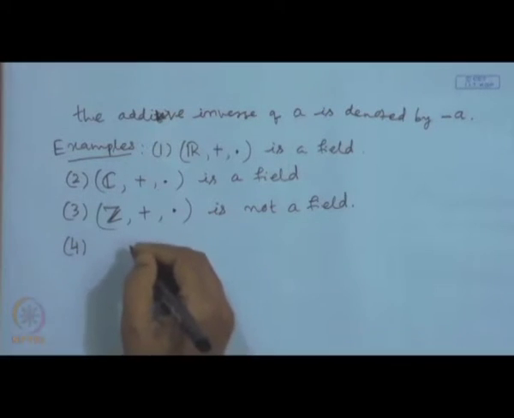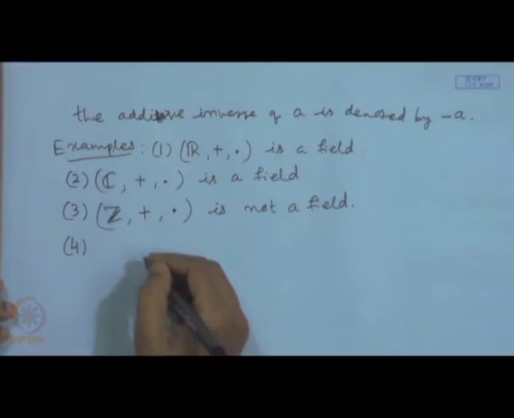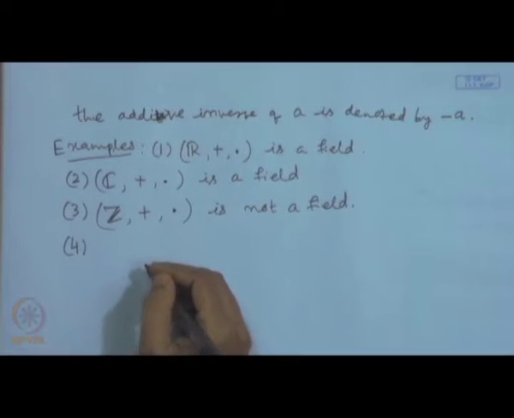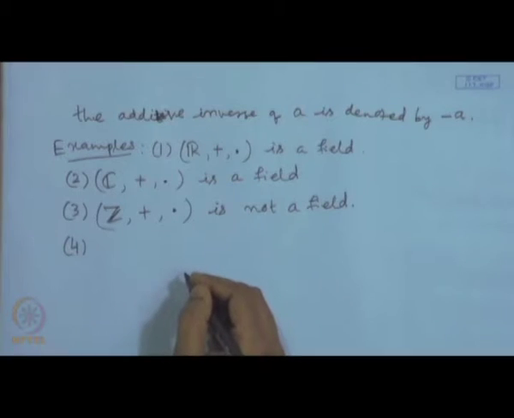So, the fourth example is an example of a finite field. All the examples we have given so far are examples of infinite fields. So, let us see one example of a finite field.